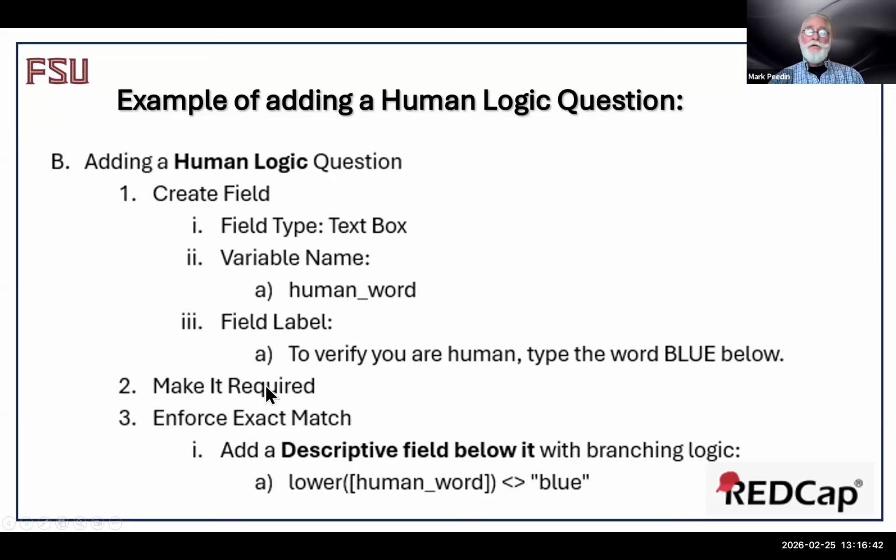Make the field required. Enforce the exact match. I call it a pop-up field, but it's actually called a descriptive field, and then the logic makes all the characters in that answer lowercase and checks to see if it equals blue.